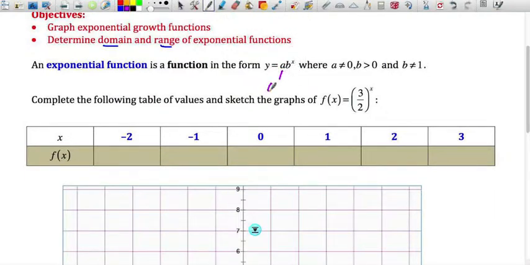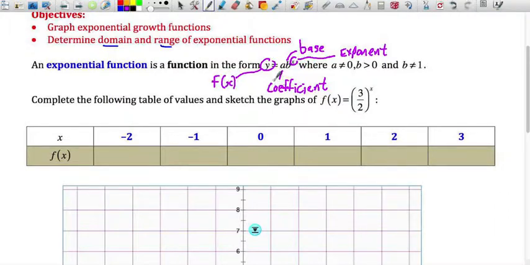A is going to be the coefficient of our base, b is going to be our base, and of course x is our exponent or our power. In the place of y, we could very easily, using function notation, have f of x, h of x, g of x, any one of those notations which indicate that it is in fact a function.